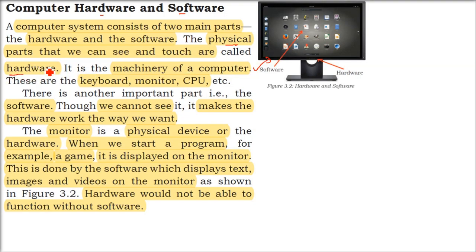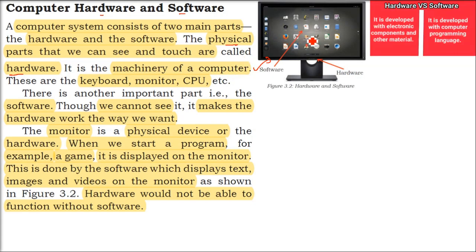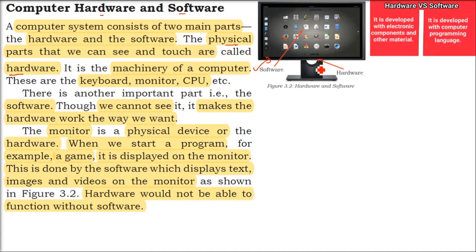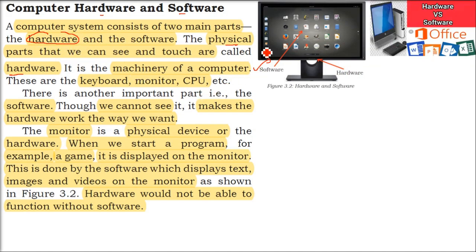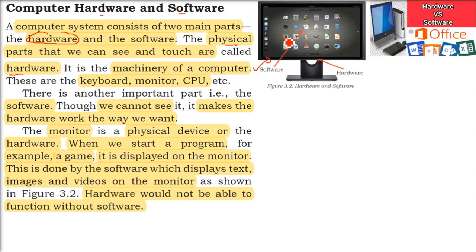Hard means it is physical, so you are able to touch and feel it. The machinery of a computer can have a keyboard, a monitor, CPU, RAM, ROM, the motherboard. All these are hardware. Now, what is the second pillar of any computing device? It is software.